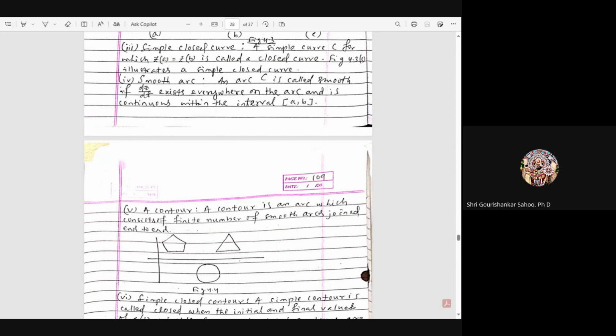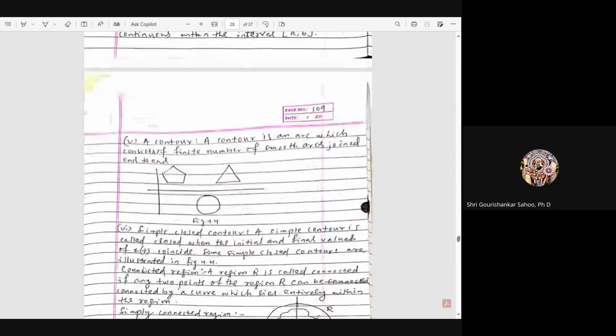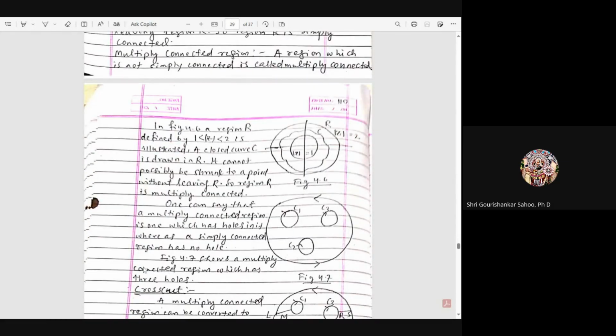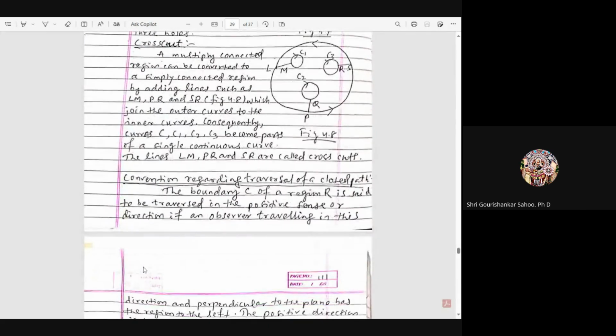Am I audible? Yes, sir. Do you know these things? What is a contour? What is a smooth arc? What is a simple closed contour? Do you know these things? Yes, sir. You are well acquainted with all this. What is a simply connected region? What is a multiply connected region? What is a cross cut? Anybody?